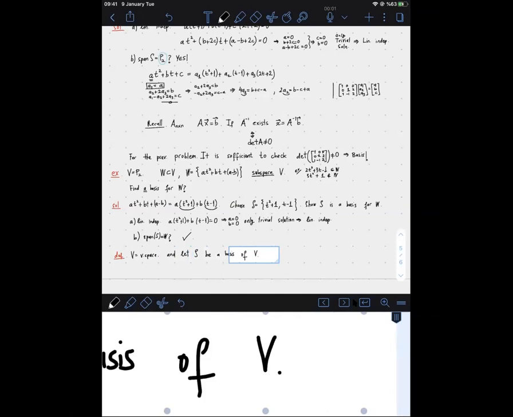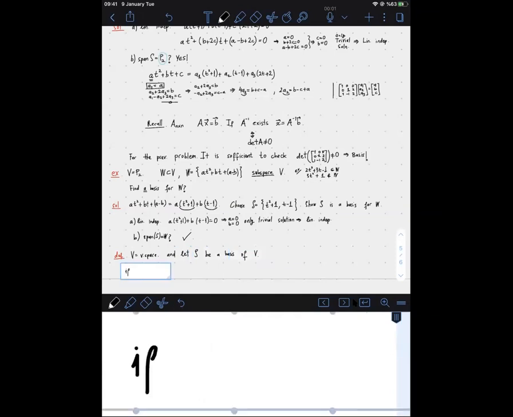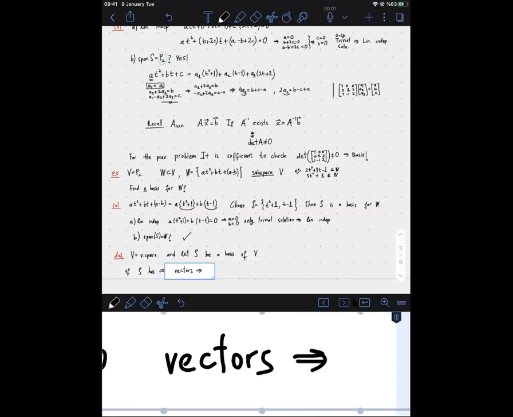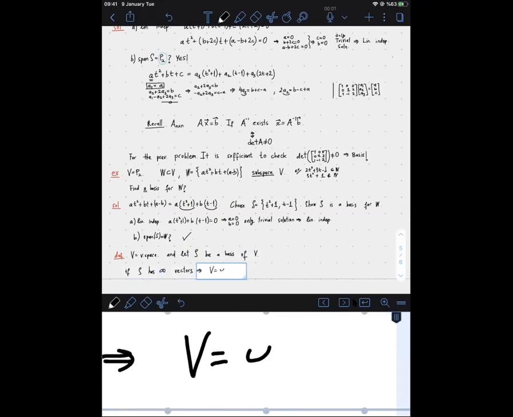Now, if the set S has infinitely many vectors, so this is the symbol for infinitely many, right? Then this vector space V is called an infinite dimensional vector space.